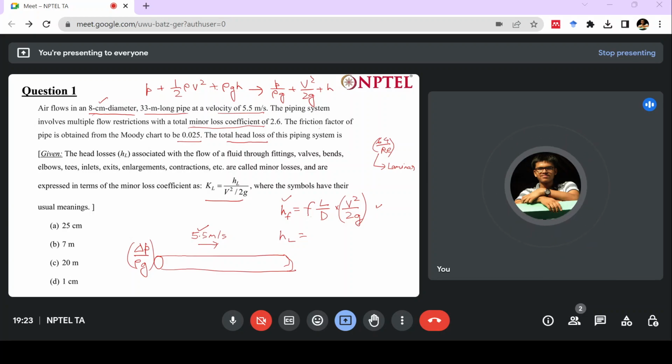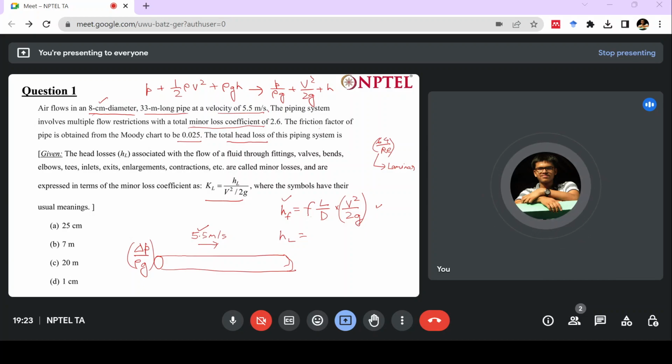So this is basically division by the factor of rho into G. You can easily see that this delta P by rho G is what I talked about, applying a pressure at one end. So we are using this second definition here.